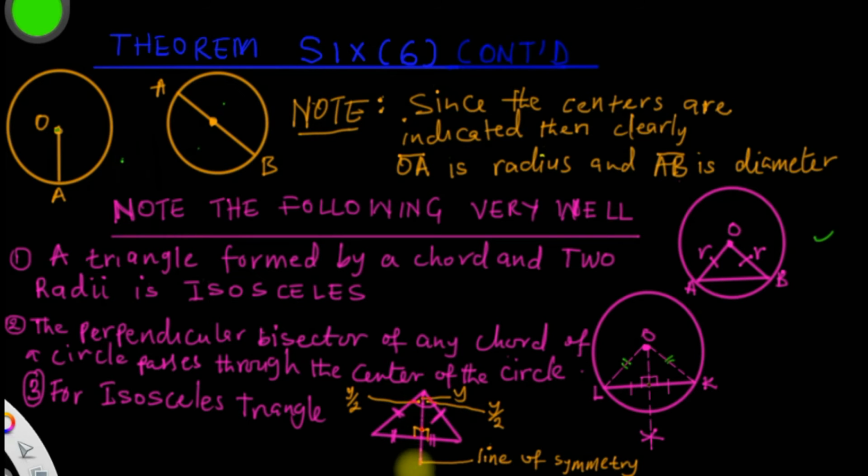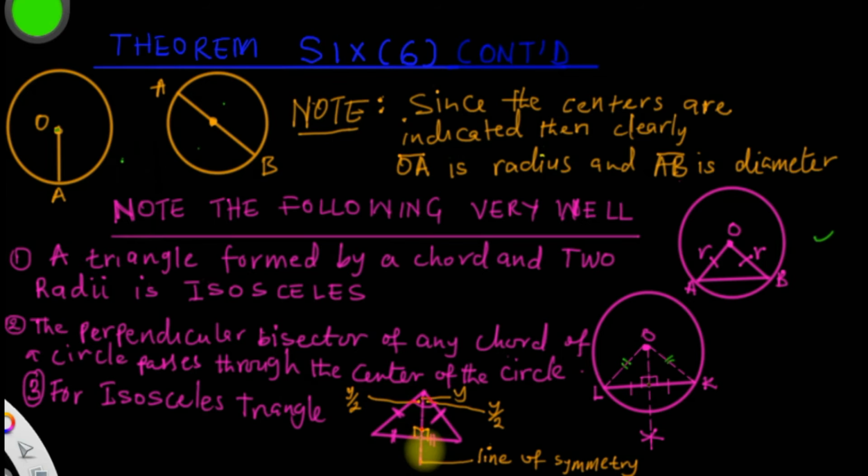So this line is a line of symmetry, and it divides the triangle into two equal parts. This side is the same as this side, have you seen? Since this line divides this one, it will pass through the midpoint of this line. So this length is equal to this length, and this length is equal to this length.